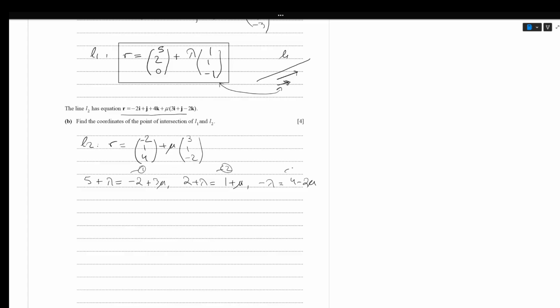1, 2, 3 तीनों एलिमेंट्स के हिसाब से. सो 3 implies कि my lambda is 2 म्यू माइनस 4, बेसिकली माइनस 1 से मल्टीप्लाई करा है, तो put in 1, so I will get 5 plus 2 mu minus 4 is equals to minus 2 plus 3 mu, implying that 7 minus 4, 5 plus 2 minus 4 is equals to 2 mu plus 3 mu.